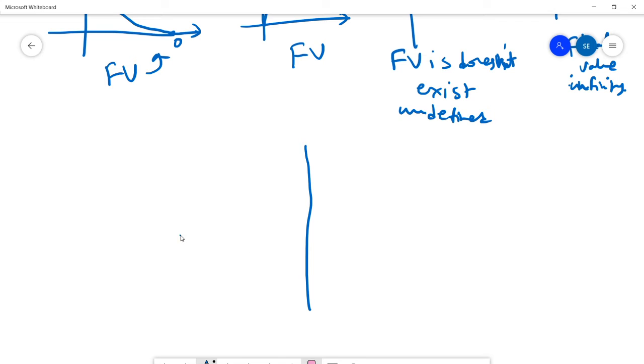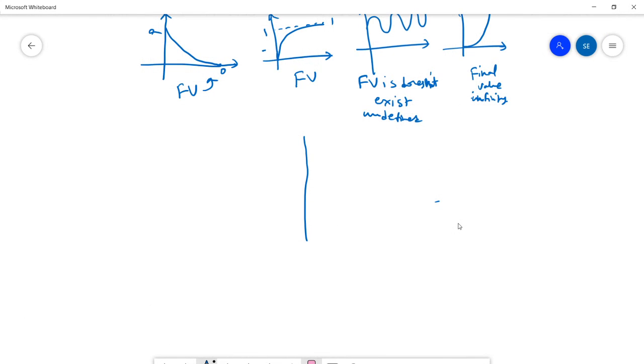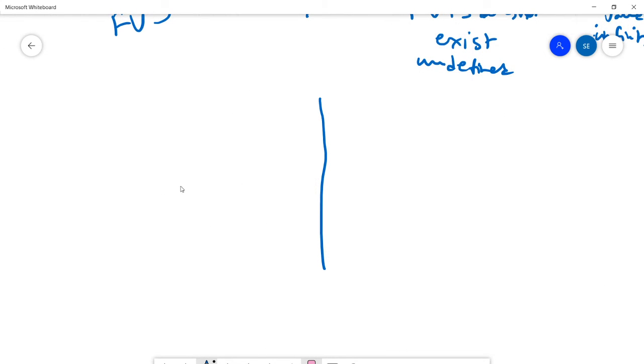The S plane has real and imaginary axes.